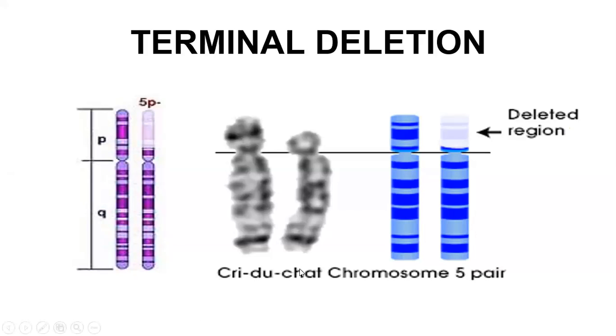So this is the example of terminal deletion, cri-du-chat, chromosome number 5 in human beings.